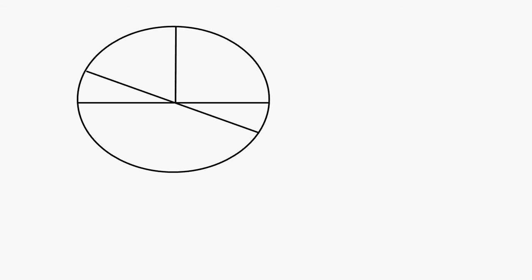We've got points A, B, C, D, E, and F is the center of this circle. This is a 90-degree angle. BFA is 18 degrees. And they want arc measures. Measure of arc CDE.